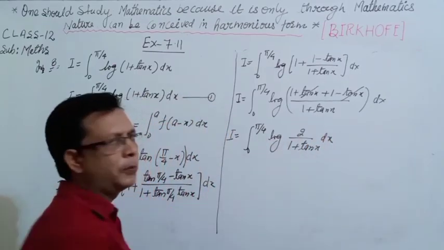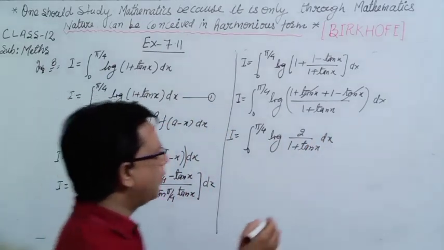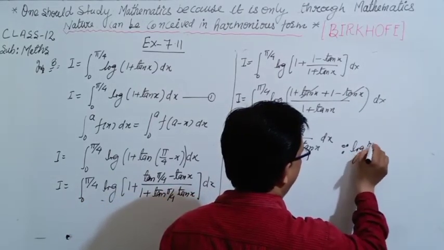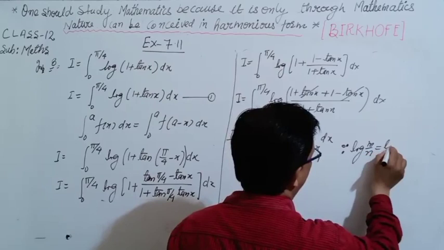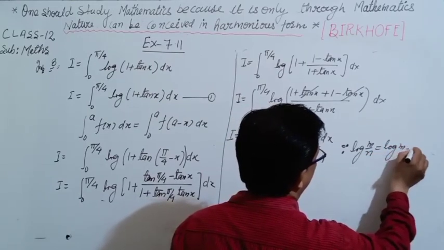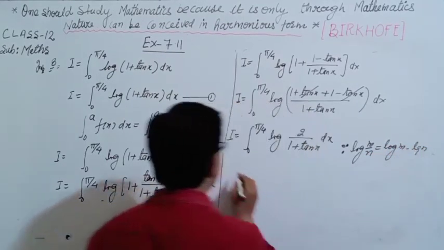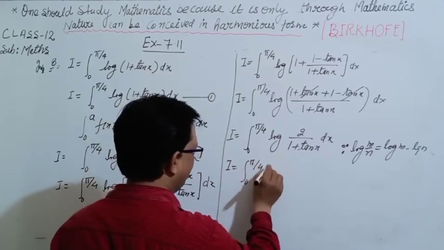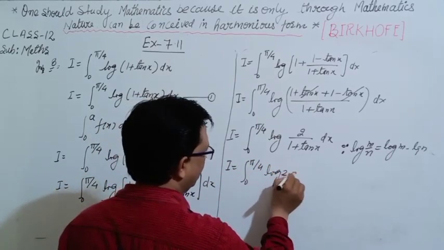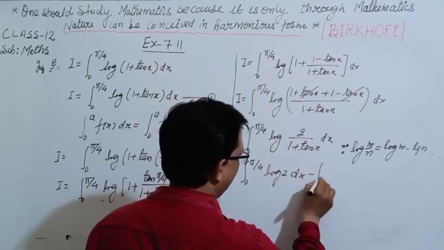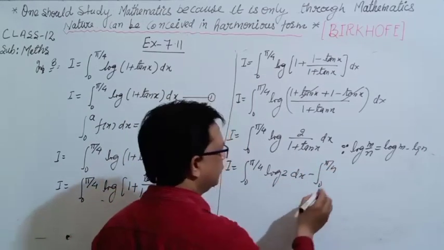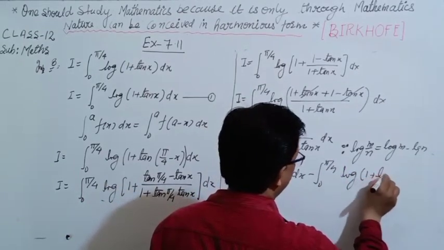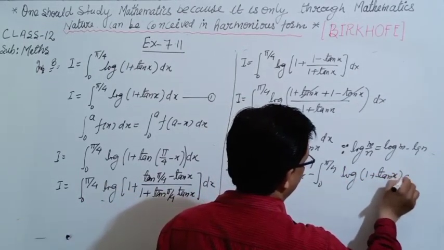Now apply the property of log: log(m by n) is equal to log m minus log n. So I is equal to integral 0 to pi by 4 log 2 dx minus integral 0 to pi by 4 log(1 plus tan x) dx.